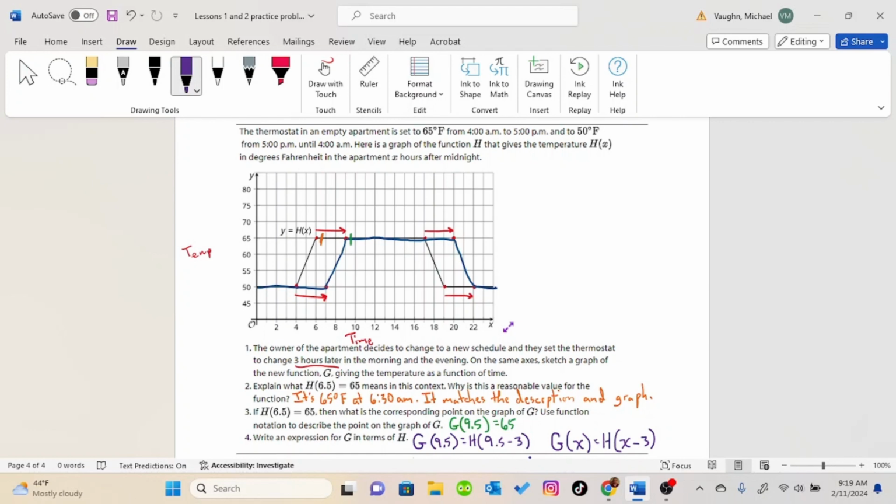This is why subtracting inside the parentheses actually does the opposite of what you might expect it to, because subtracting inside the parentheses actually shifts everything to the right by 3.